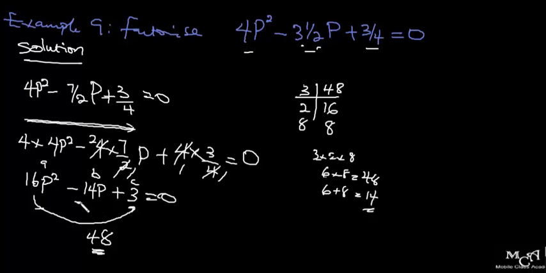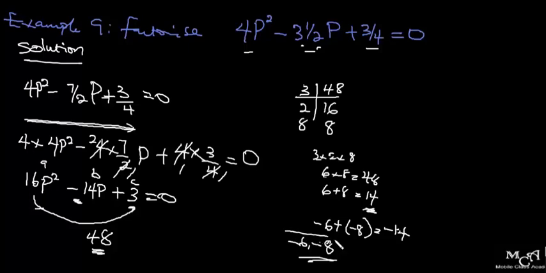We are looking for negative 14, not positive 14. To make this negative 14, what will I do? I'm going to do negative 6 plus negative 8, which will give me negative 14. Therefore, I'm going to replace my negative 14 here with minus 6 and minus 8.